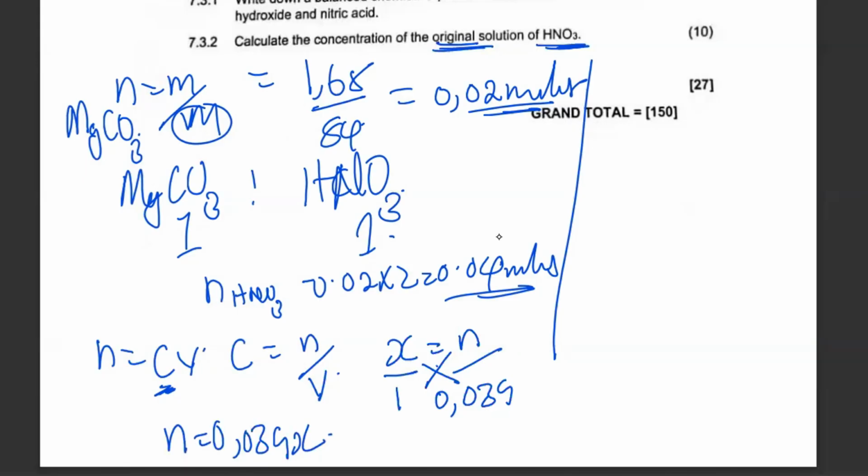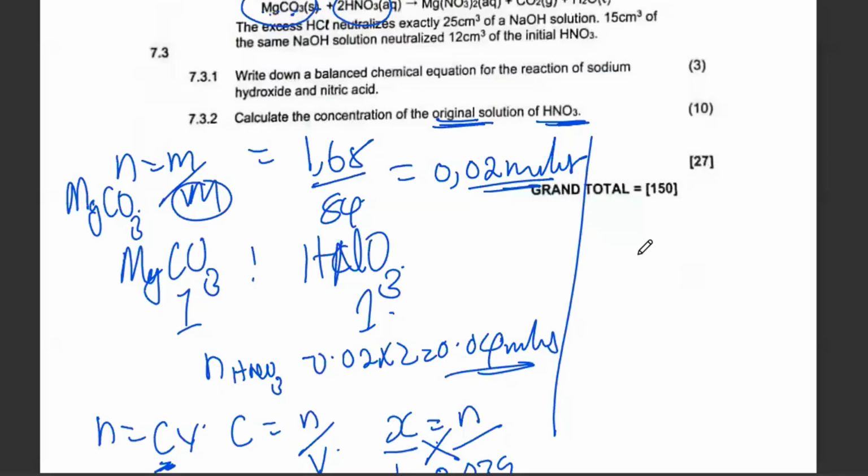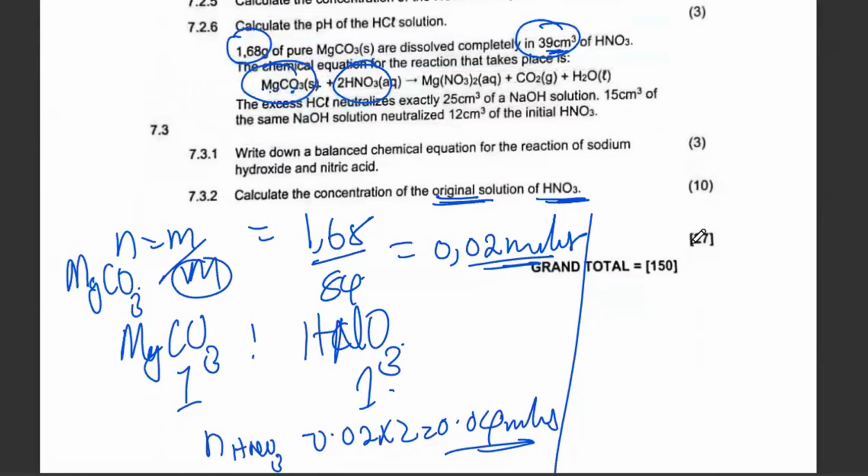So now from there, we go to the next step by looking at the mole ratio, because now I need to compare this with the nitric acid. I'm going to say that the number of moles of sodium hydroxide to nitric acid is going to be 1 to 1, because based on the equation which we wrote, it is 1 to 1.